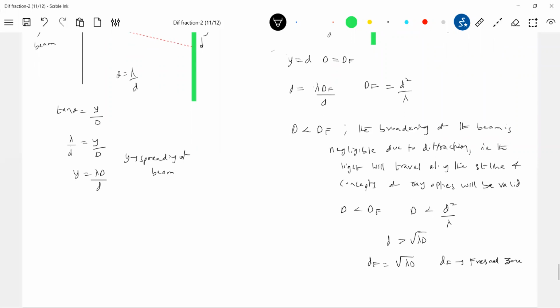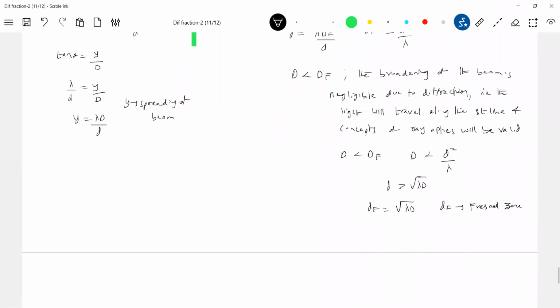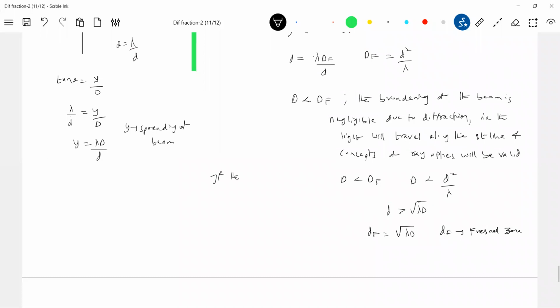If the size of the aperture of the slit is greater than the Fresnel zone, ray optics will become valid.